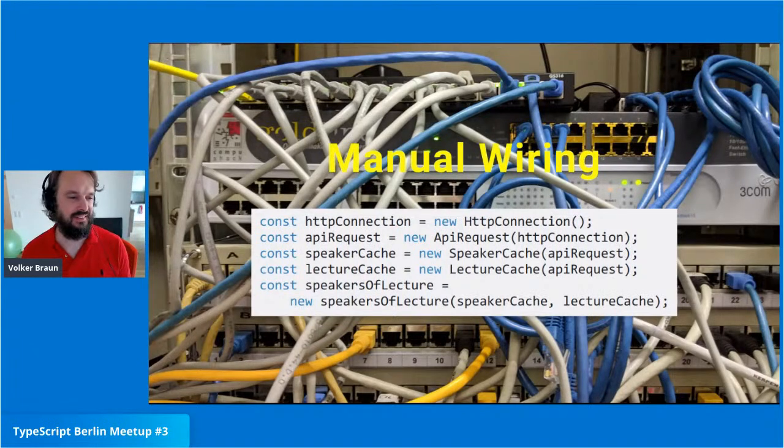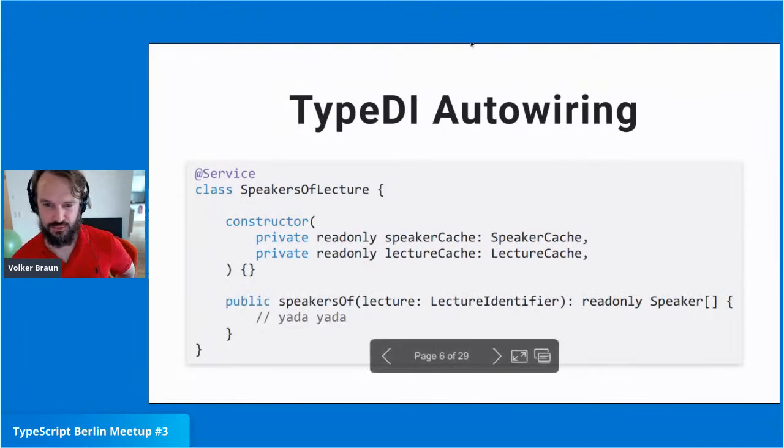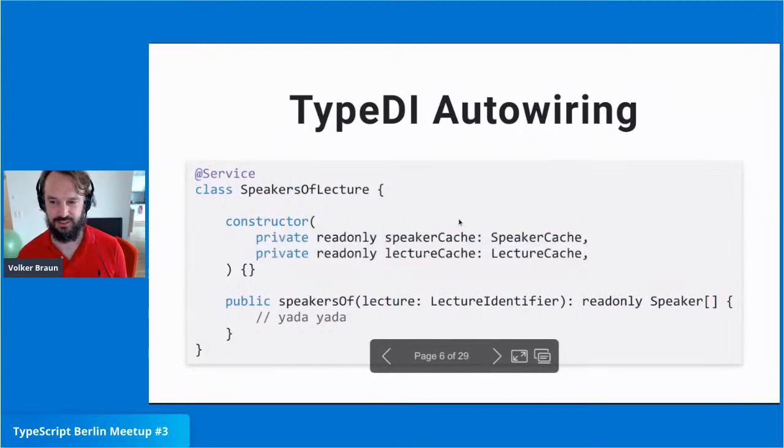So this is the first pitch for dependency injection, where you can just automatically wire things together. You don't have to manually go around and say, okay, I first make this dependency, then I plug it into this dependency, and then that. Now I'll just put in the @Service handy decorator that I get from TypeDI, and then TypeDI figures out from the constructor what it needs.